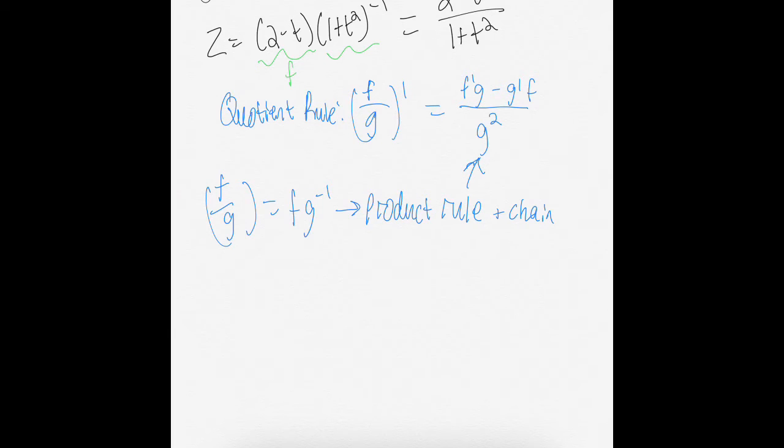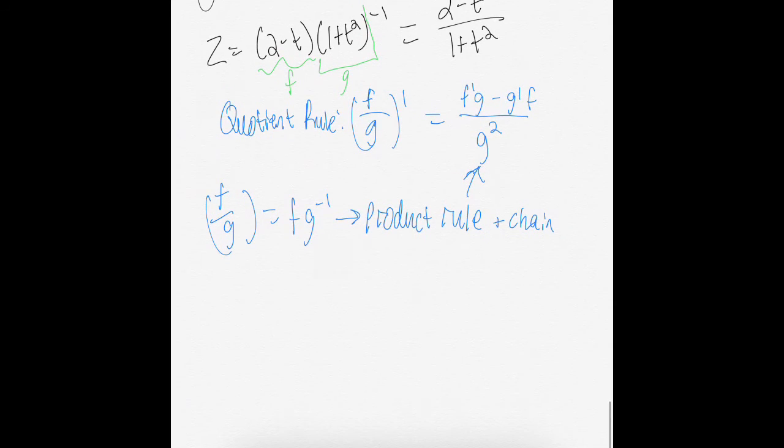Let's do it this way as well to demonstrate quotient rule. So f is 2 minus t, and g in this case is 1 plus t squared. We're not worrying about the negative 1 anymore, because once we've moved this function to the denominator, it's not an issue. Okay? So let's go ahead and compute this derivative.